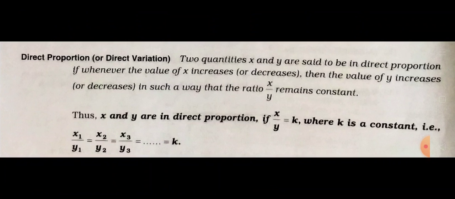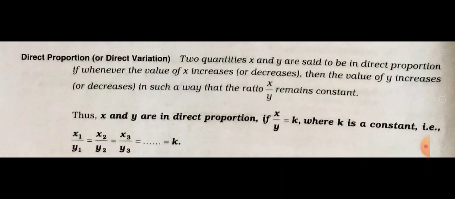Two quantities x and y are said to be in direct proportion or variation if, whenever the value of x increases or decreases, the value of y increases or decreases in such a way that the ratio of x by y remains constant.